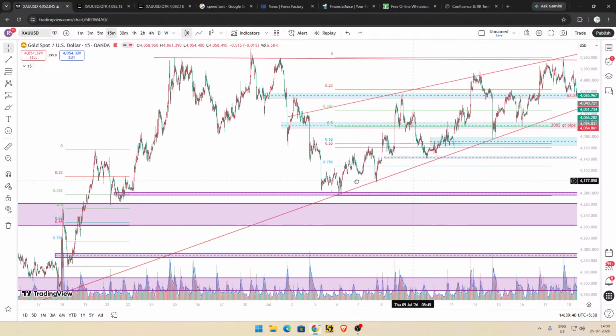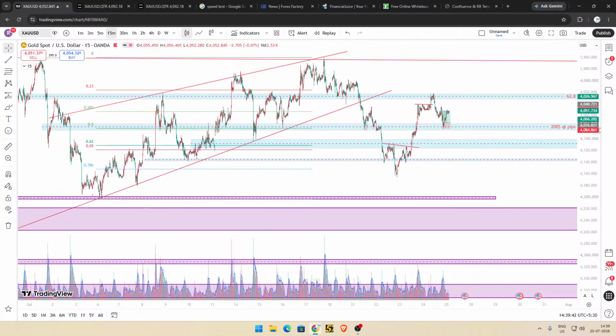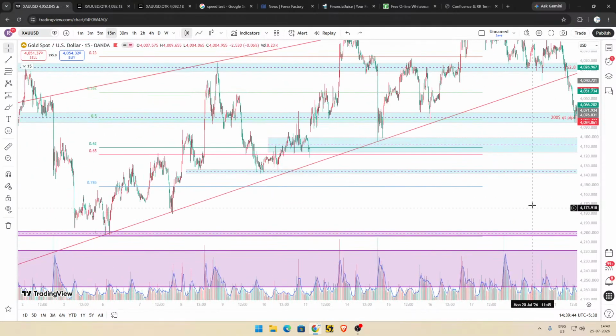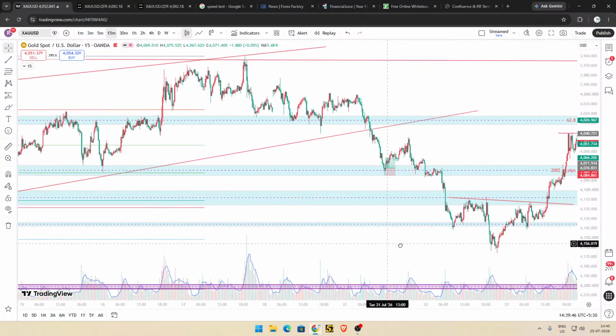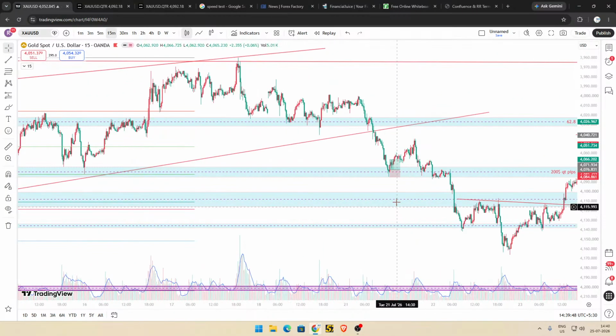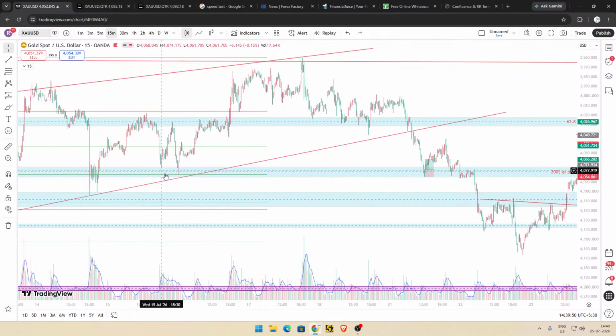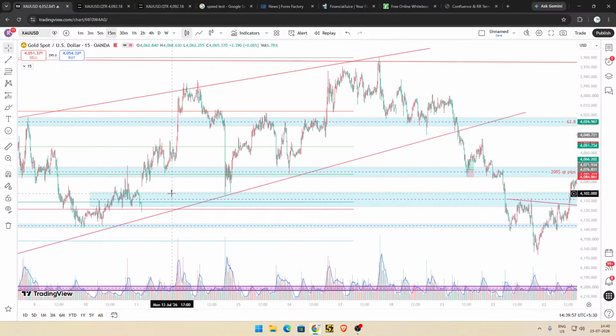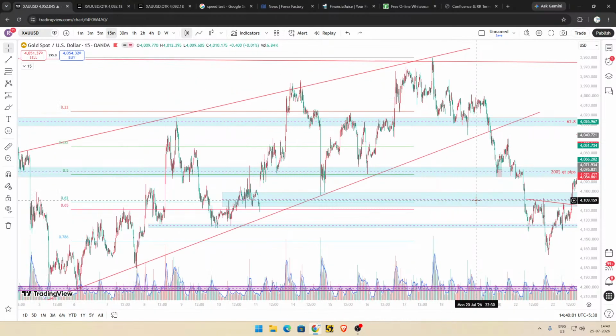And if you come to this area, this trade only, only this trade I am saying. See, it came to this support resistance area, and this is also an important support resistance area. And why did this area act nicely?